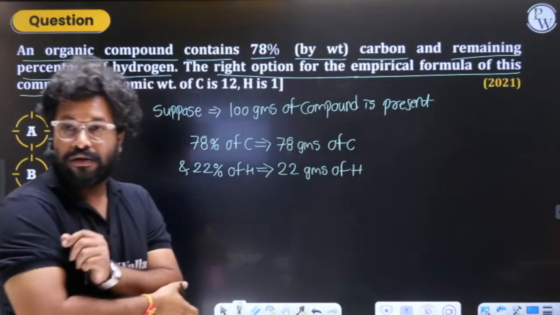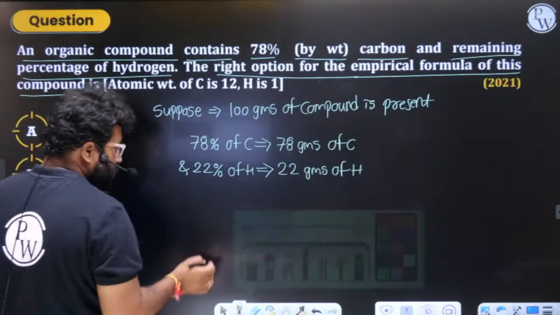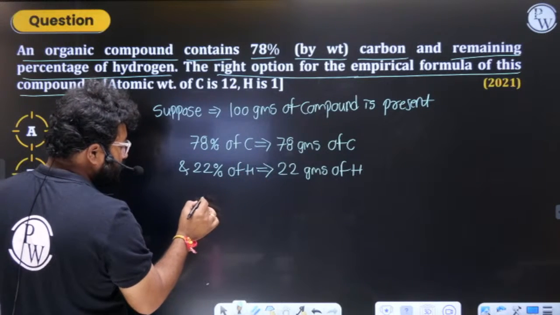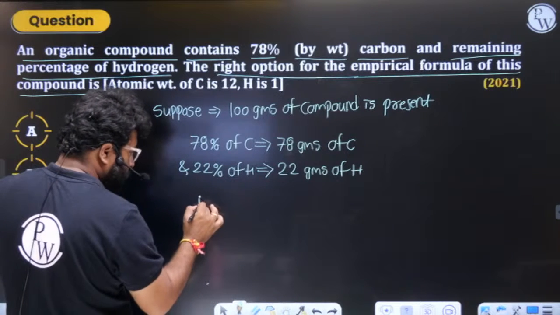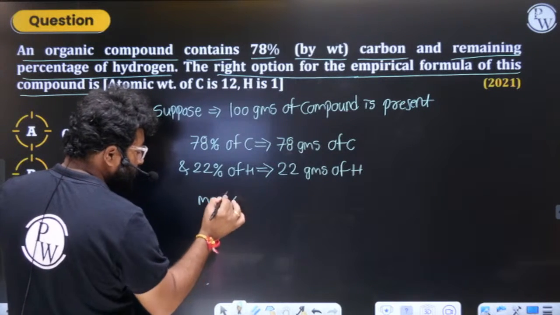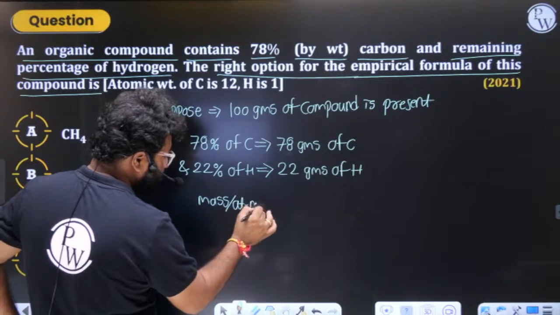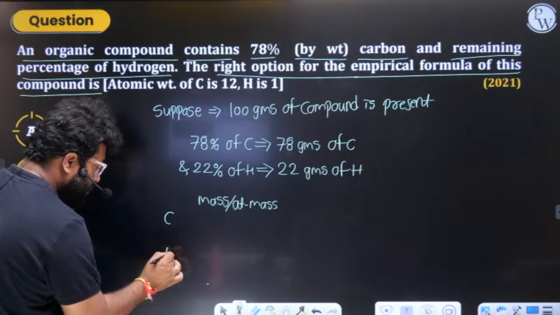So now, how can we solve this question? First of all, whatever amount of substance they have given, just divide that by the respective atomic mass. This is the first step. This is carbon, this is hydrogen.